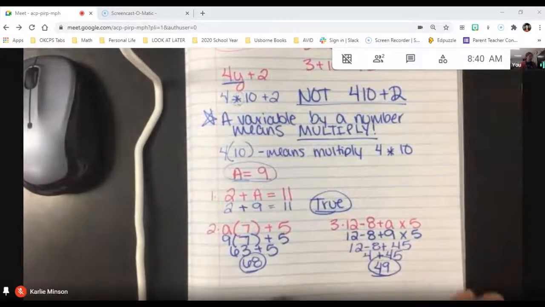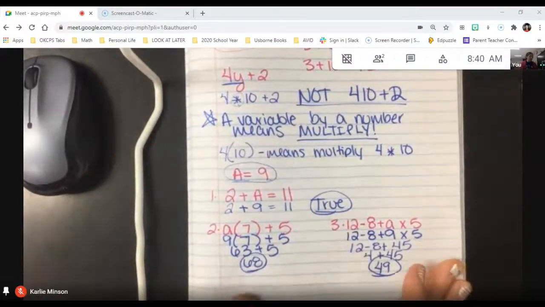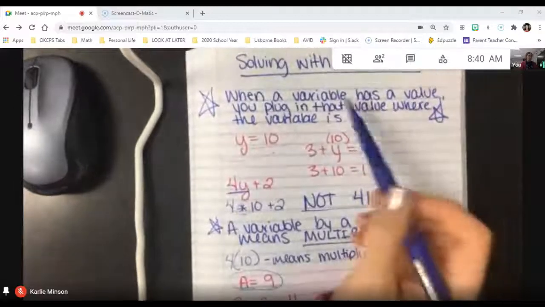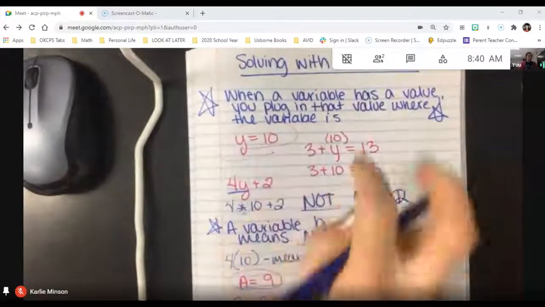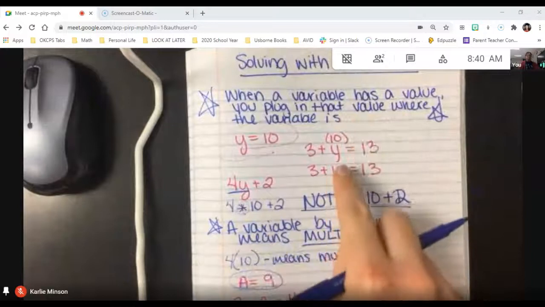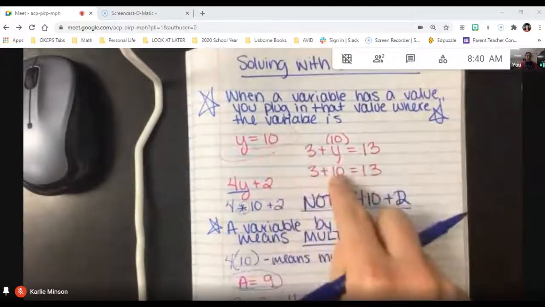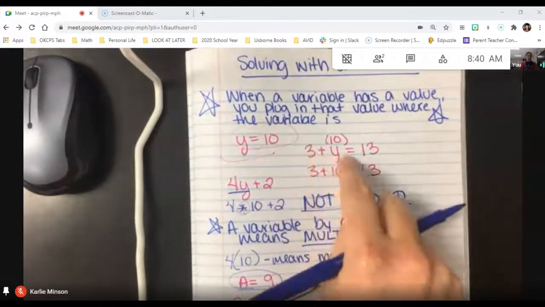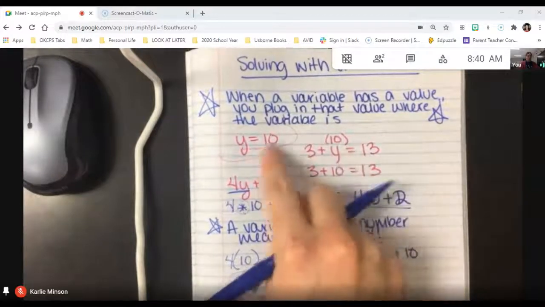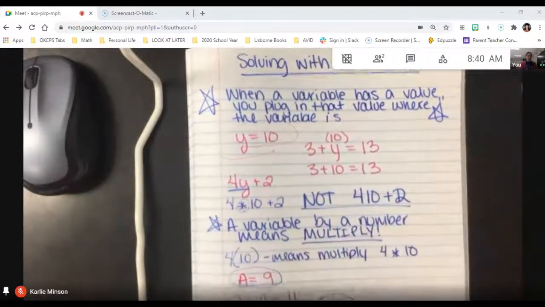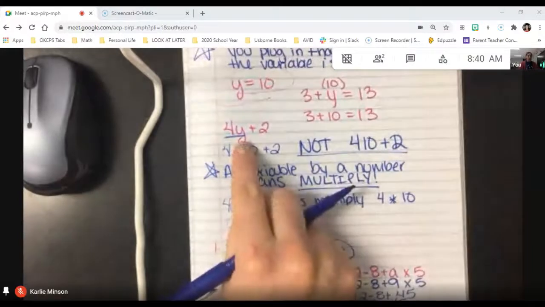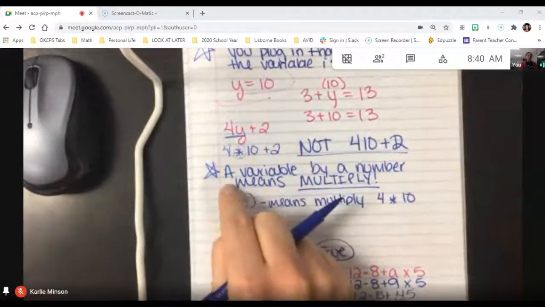So, plugging in a variable, first, when a variable has a value, you plug it in to where that variable is. You plug that value into that variable. Here we plugged in y, that value was 10, so we plugged in 10. When a variable is by a number, it means multiply.